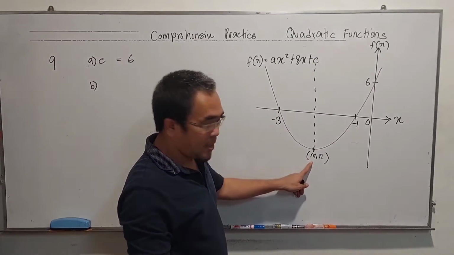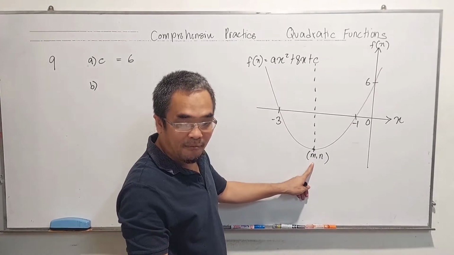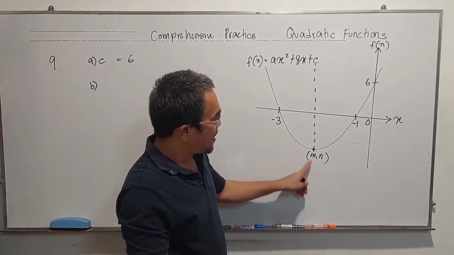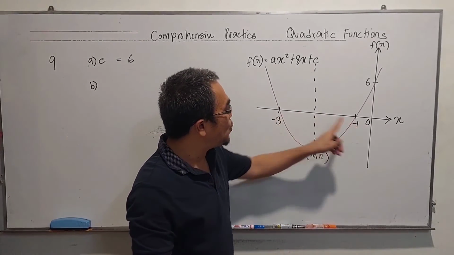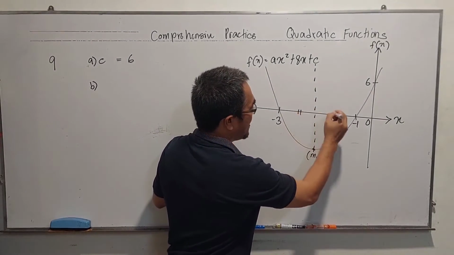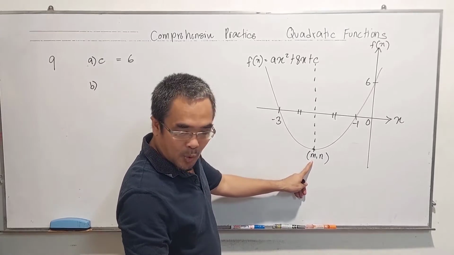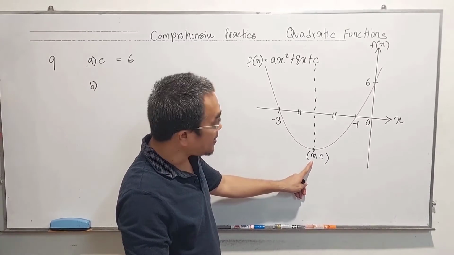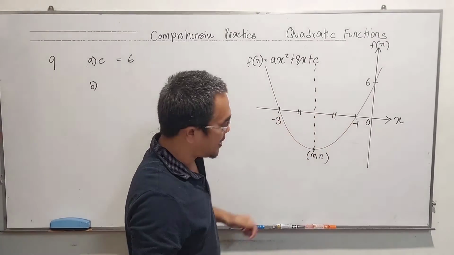So what is the property of m that you might have remembered already? It is the midpoint between two roots given here. So the length here and here are the same. So m could be calculated using the midpoint between the two roots.